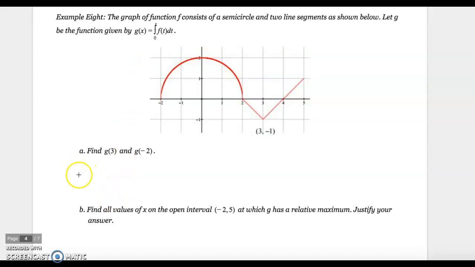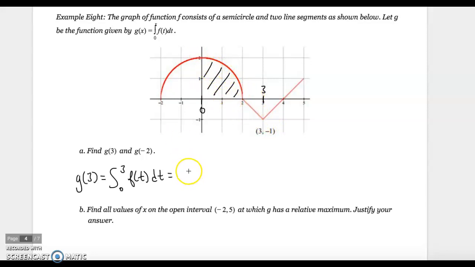So when I find g of 3, what I'm really finding is the integral from 0 to 3 of f of t dt. So I want to find the area under this curve from 0 to 3. So let's see, 0 starts here and then goes to here, which means I need to find this positive area up here, which is a quarter of a circle.